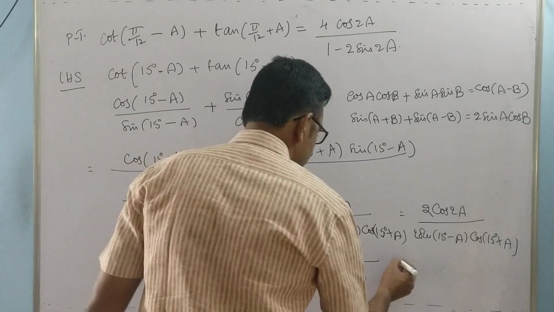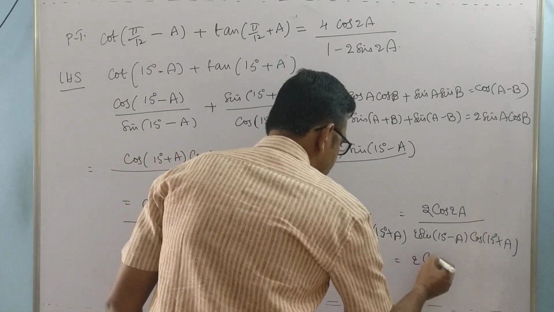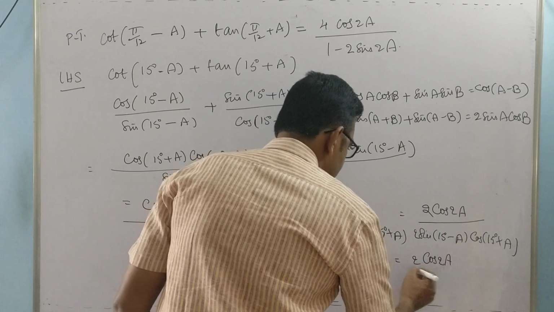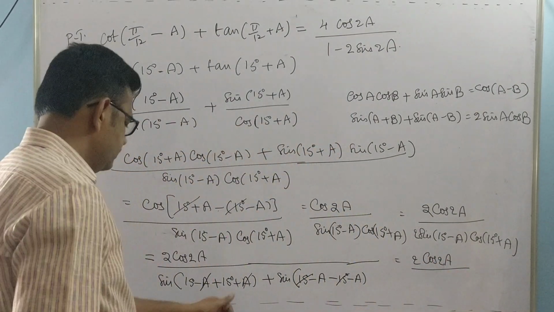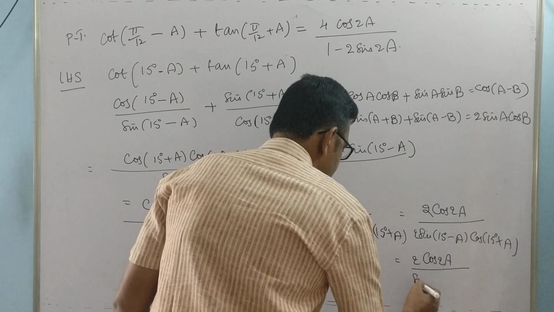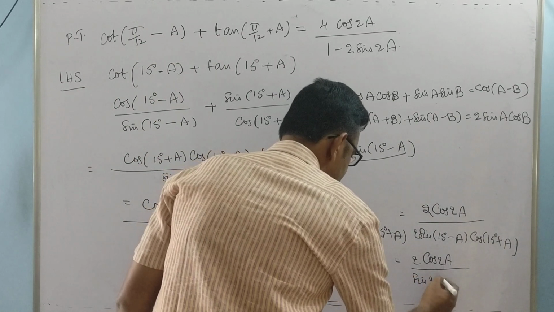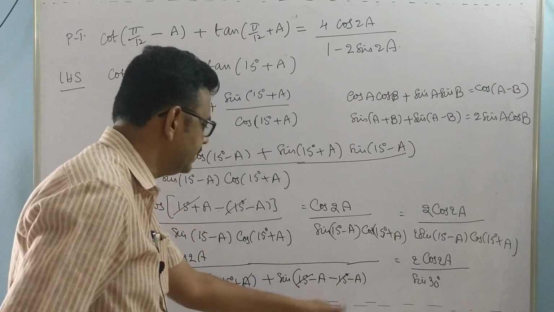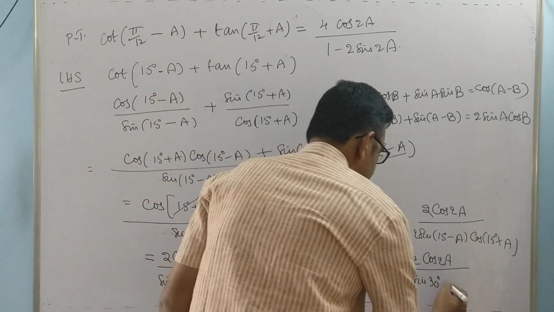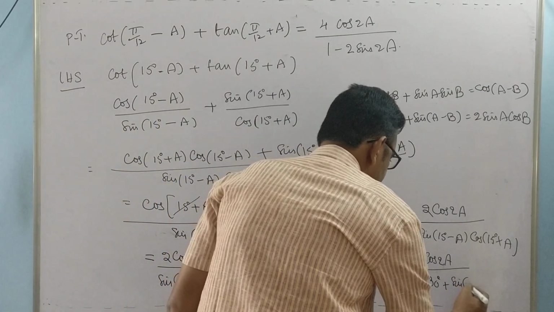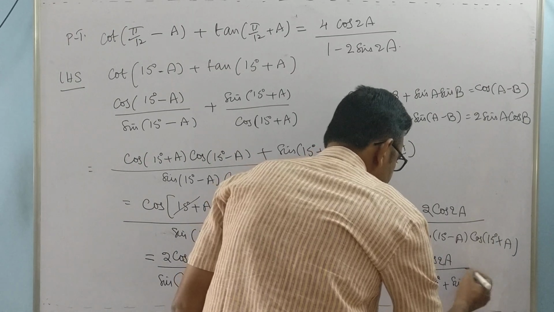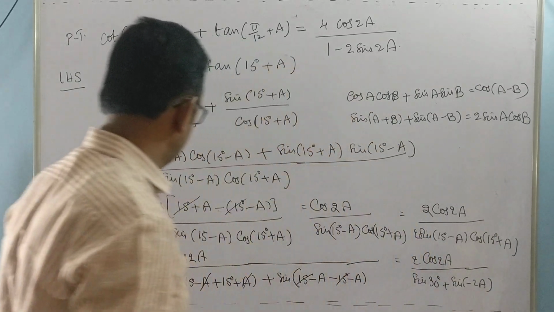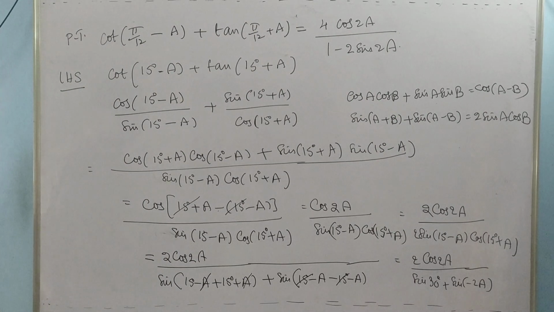That is equal to 2 cos 2A by sin 30 degrees plus sin of minus 2A. Okay, just write it down.